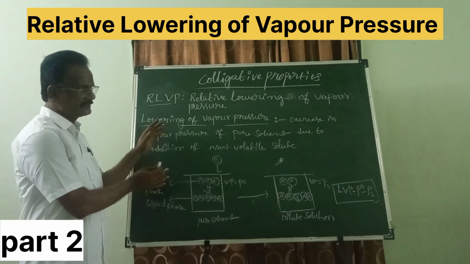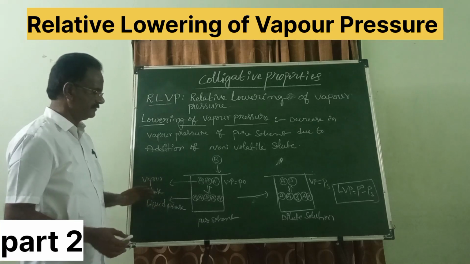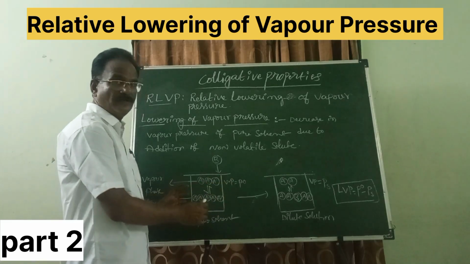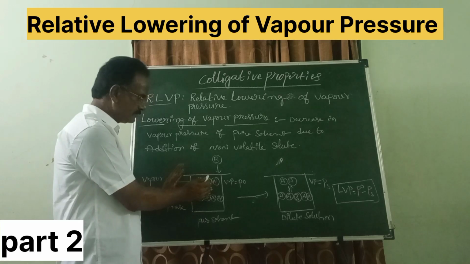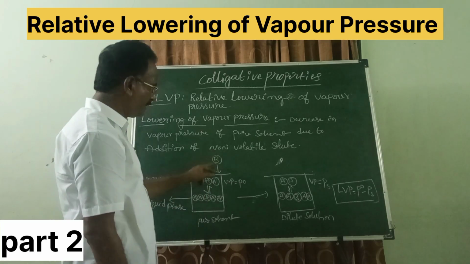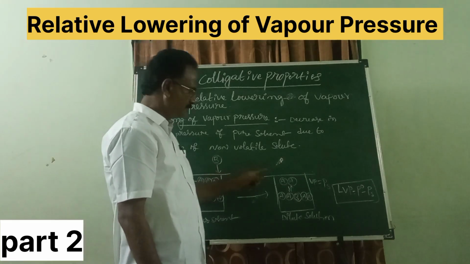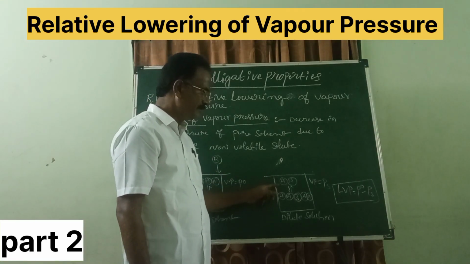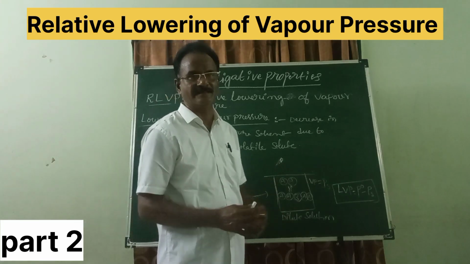Now let us coincide the definition with the illustration. Here this is the vapor pressure of pure solvent, that is P0. This is because of the larger number of solvent molecules present in the vapor phase. After adding non-volatile solute, the number of solvent molecules present in the vapor phase decreases, so the vapor pressure also decreases.